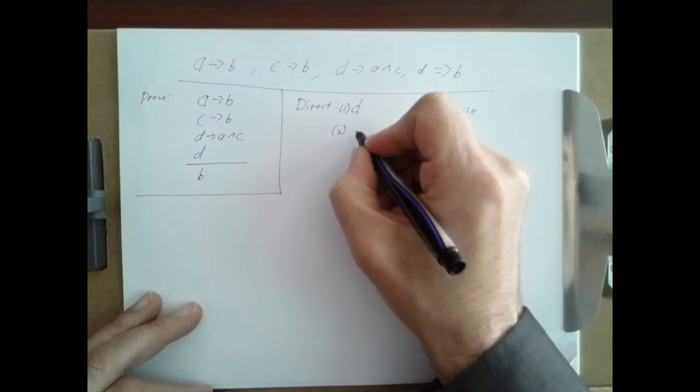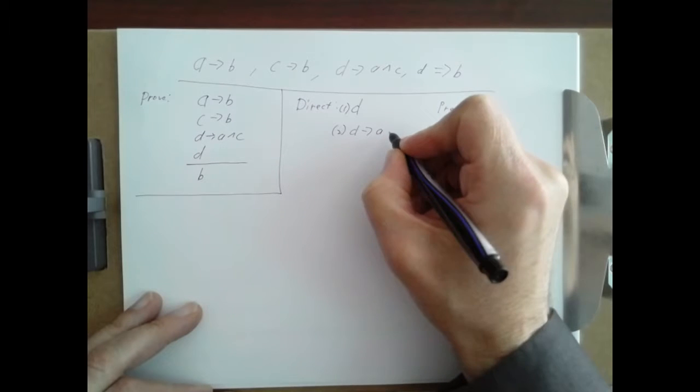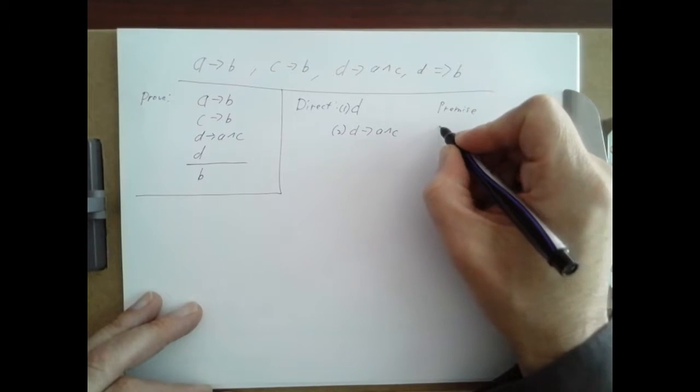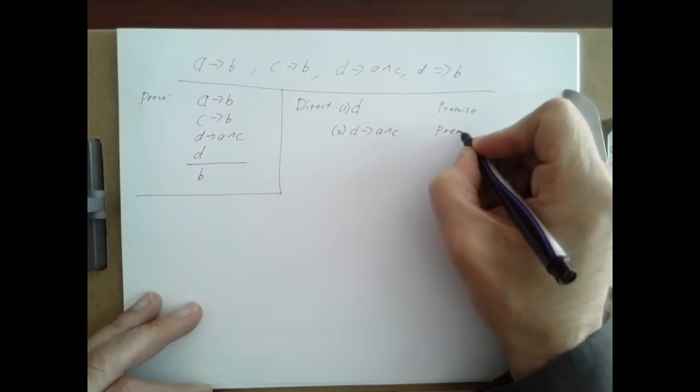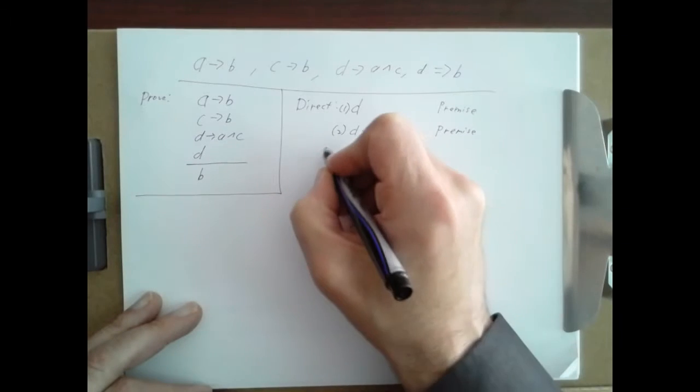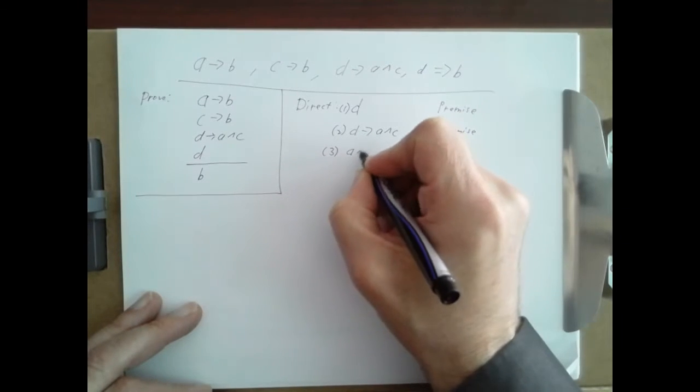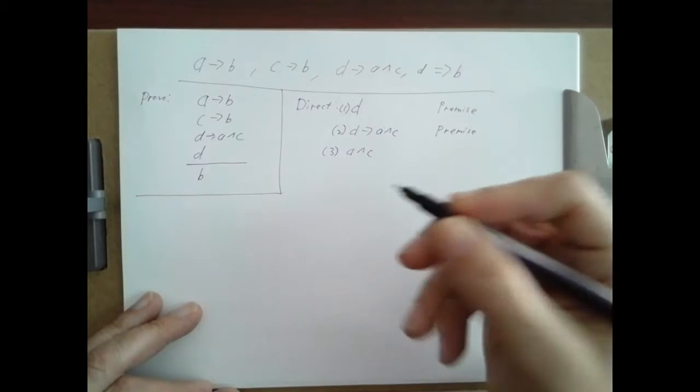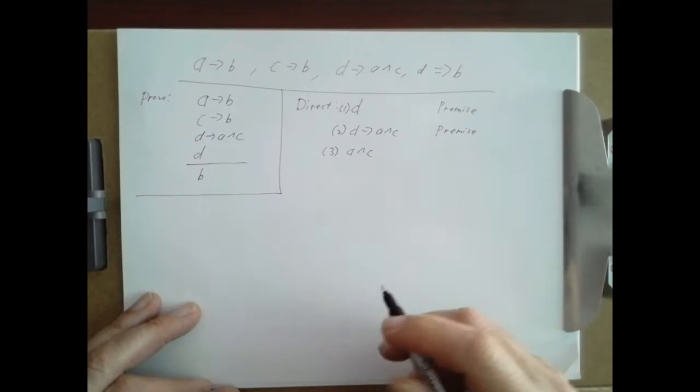Step 1 is D, that's a premise. Step 2 is that D implies A and C. That's also a premise. Step 3, A and C, that's direct reasoning, right?